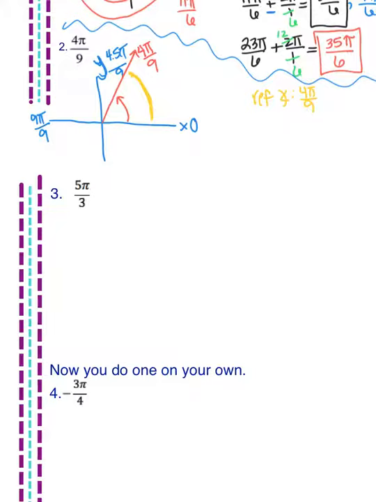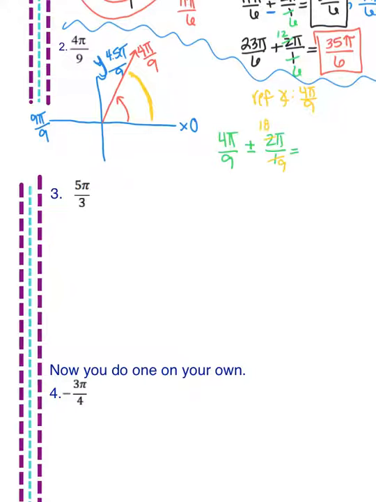And now I can get some coterminal angles. So what I'm going to do is add or subtract 2 pi. So I'll take 4 pi over 9, and I can do this in one step. Add or subtract 2 pi. Common denominator would change this 1 to a 9 and this 2 to an 18.